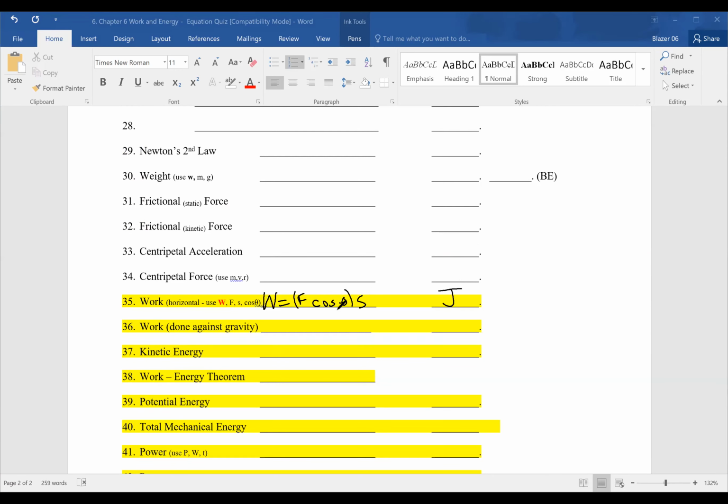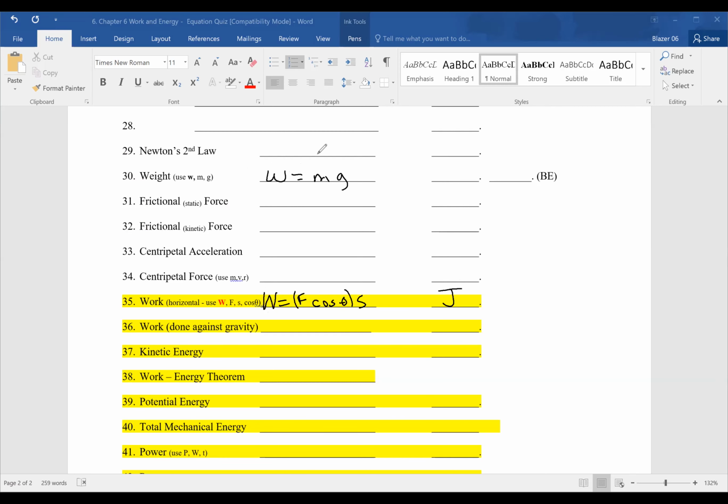Now, of course, when theta equals 0 and cosine of 0 is 1, we just have F times S. But this is the proper way to write that equation. You notice here that we're using uppercase W. Uppercase W will always stand for work. Earlier, we used lowercase w, which will always stand for weight.